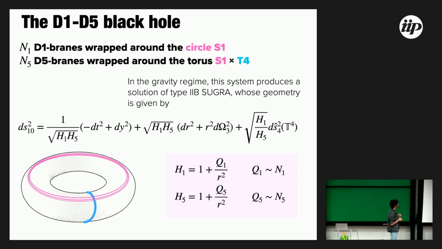The geometry is given by this Pythagoras theorem. It's a 10-dimensional geometry, and this is the metric of the sphere, this is the torus, and the important things are these functions H1 and H5, which are given like that. They are harmonic functions with a coefficient proportional to the number of branes that you wrapped.